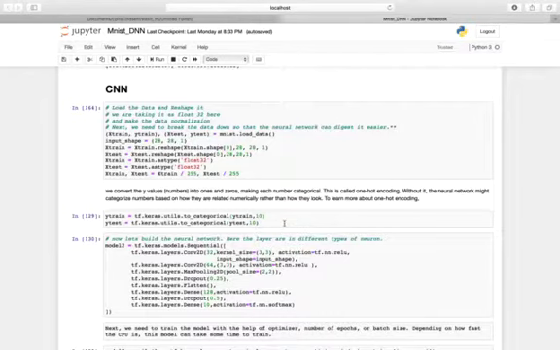Here we are hot encoding our module with the neural network.